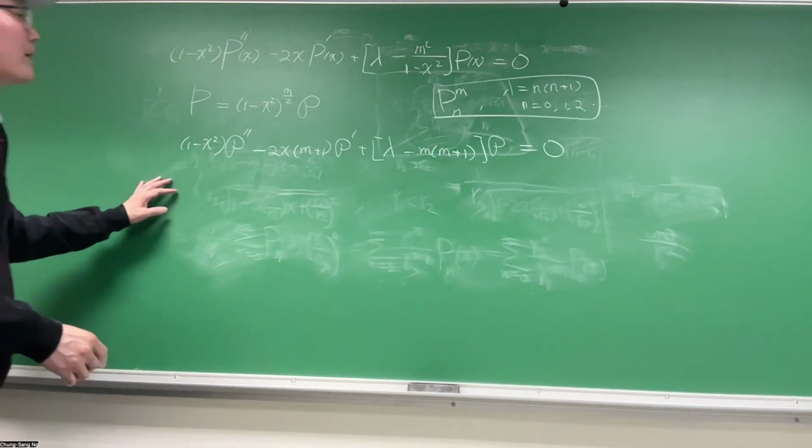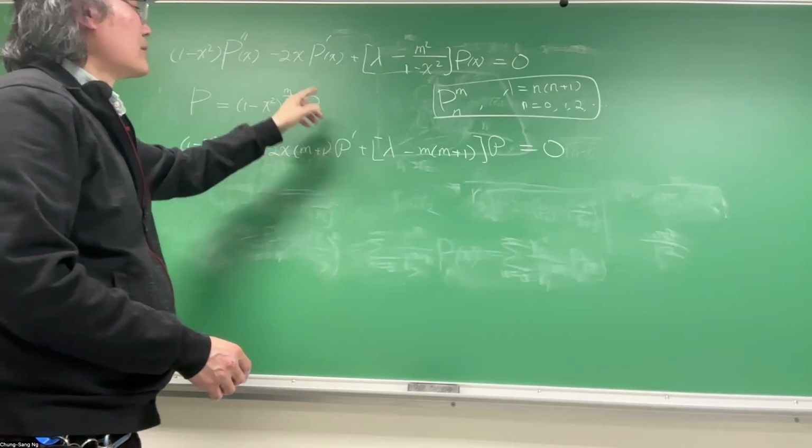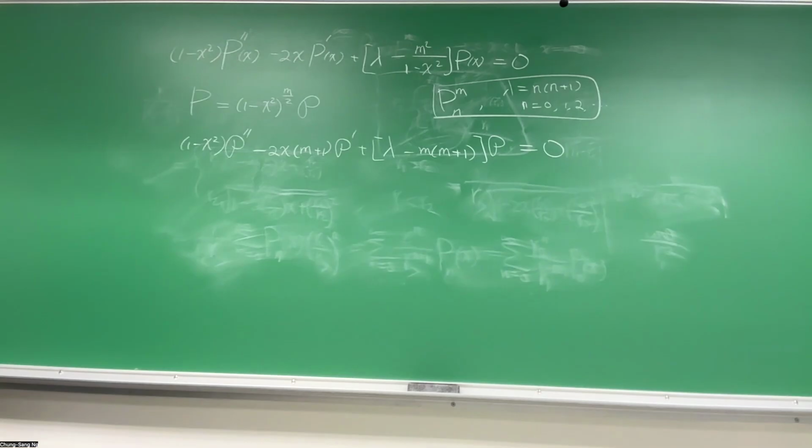From this to this is just this transformation. You work it out, so you get this one.